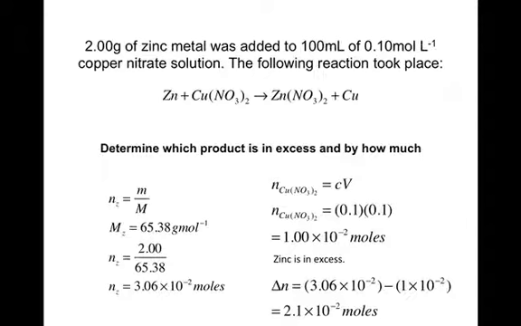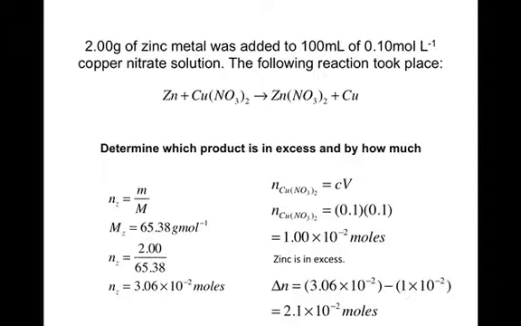As a result, we can calculate the number of moles of zinc by just being given the actual weight of the zinc metal in the question. So in this case, we see that the number of moles is equal to 2.00 over the molar mass, which we can read off the periodic table as being 65.38 grams per mole. From that, we find that the number of moles is equal to 3.06 times 10 to the negative 2.